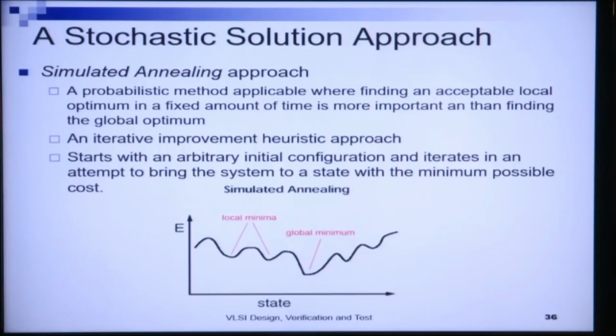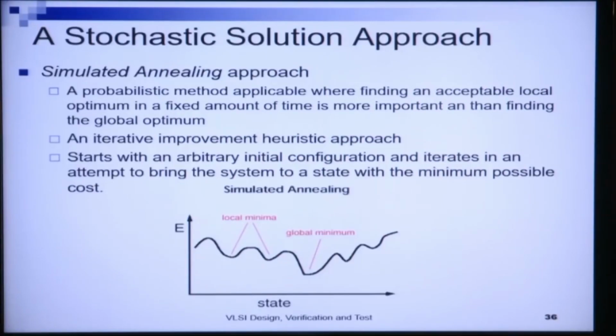It is not guaranteed that simulated annealing will always find the global optimum. It may find a local minimum, but almost always it finds a good solution which may be very close to the global optimum.